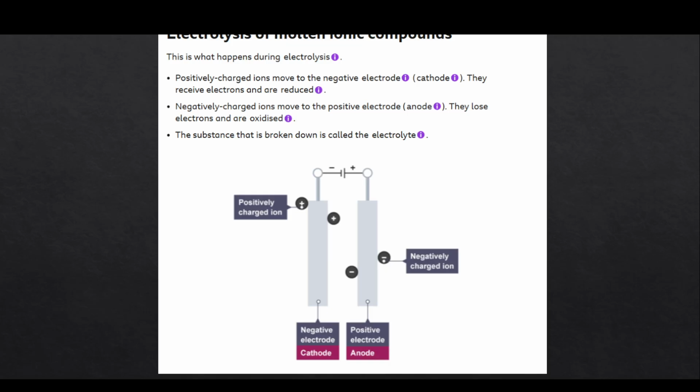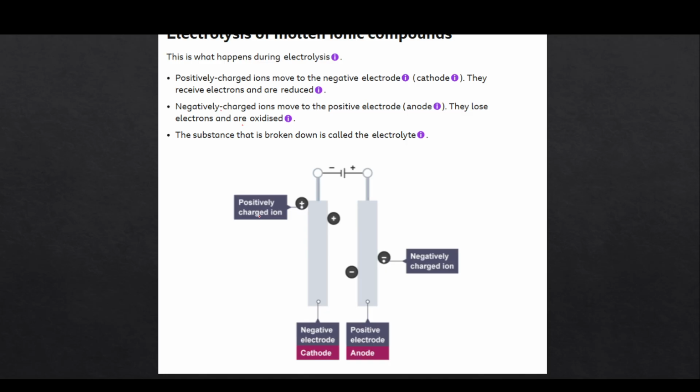So we have talked about ionic compounds, like how ions are formed and how an atom converts into an ion by gaining or losing electrons, right? So ionic compounds can conduct electricity because they have charges, and when charges flow or move, they create current. So here the molten ionic compounds split into freely moving ions.